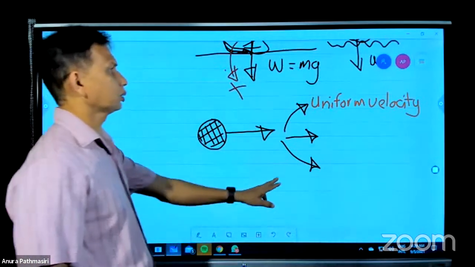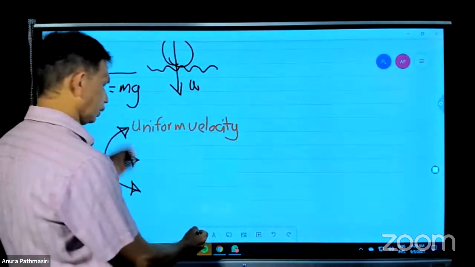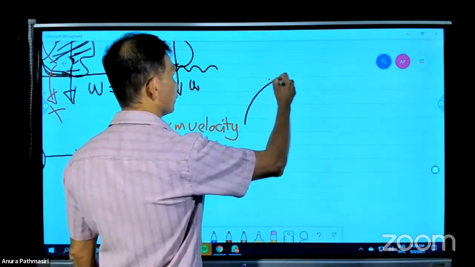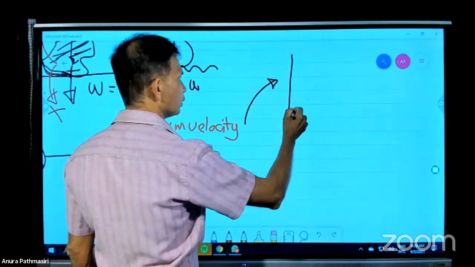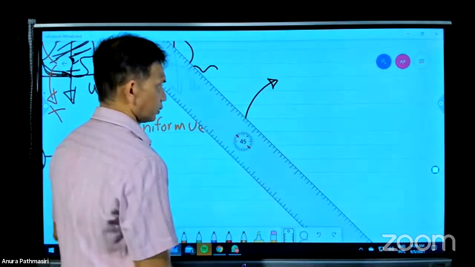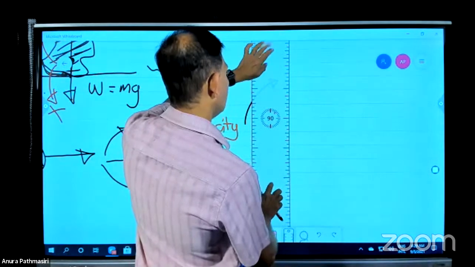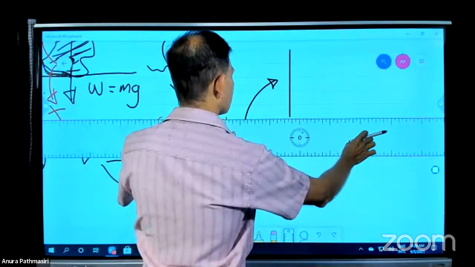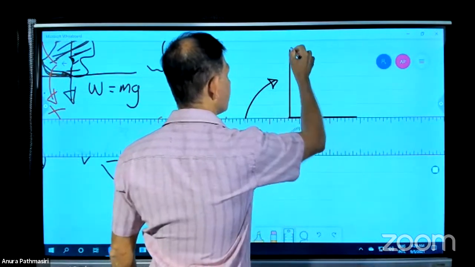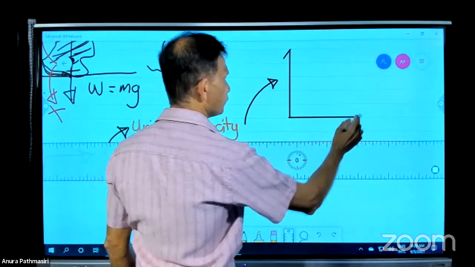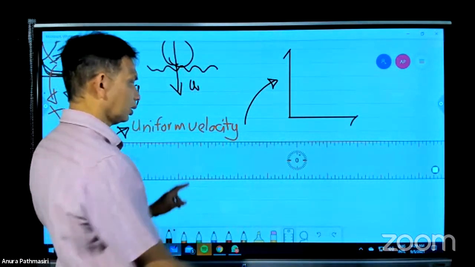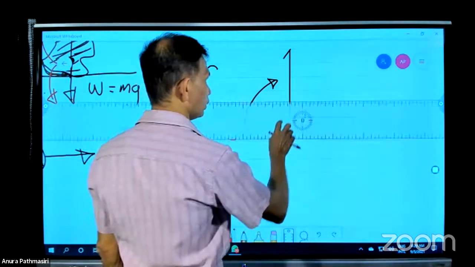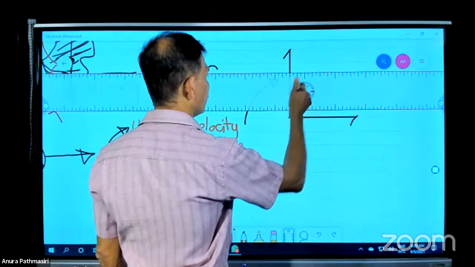I would like to represent it with a graph. If this one is the y-axis and this is the x-axis, the motion is represented this way, right?